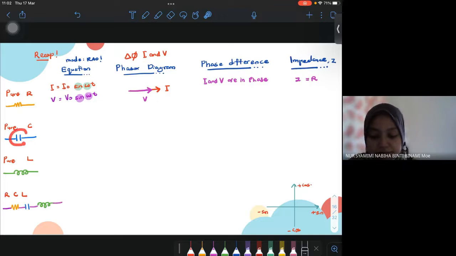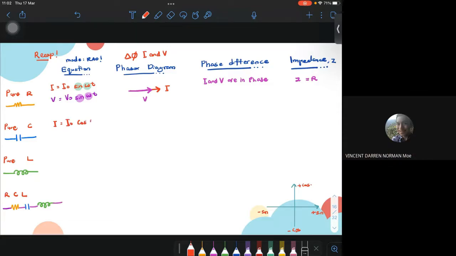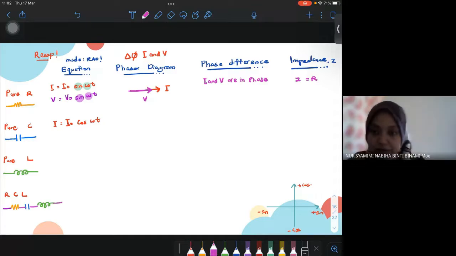The next one we have pure capacitor. This is the symbol for pure capacitor. For pure capacitor, equation untuk I kita apa? I equals to I naught cos omega t. Thank you, Vincent.